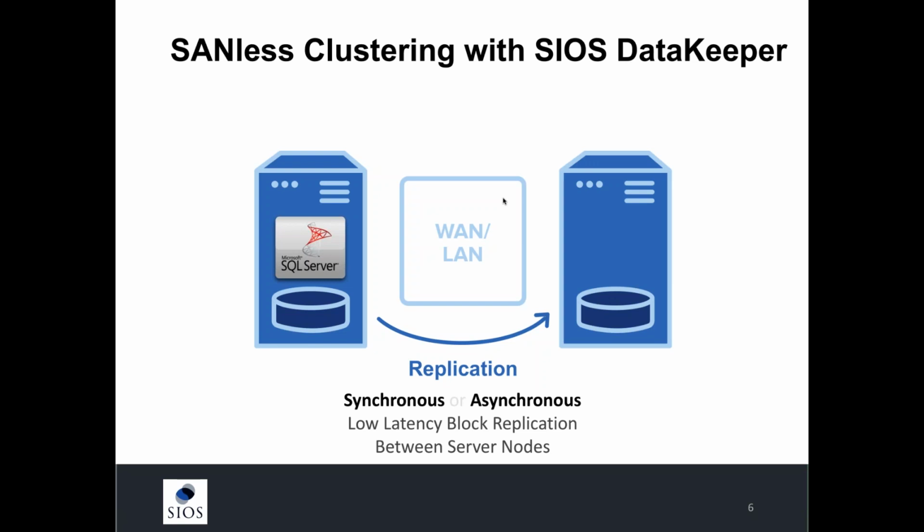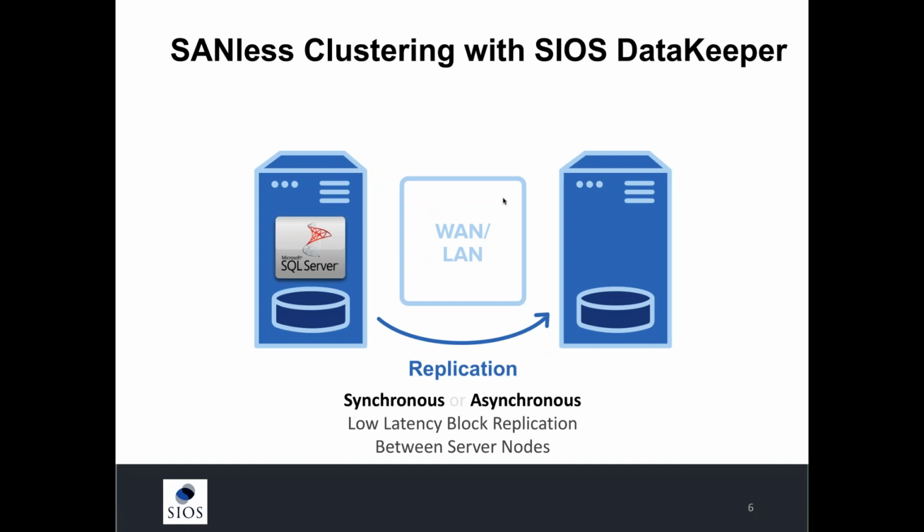You have different systems, they don't have any shared storage, but with availability groups it's database level replication, where with DataKeeper it's doing disk level replication, so it can protect the entire instance here. So it's the best of both worlds. You get the shared nothing architecture that availability groups brings, but you get the full instance level protection that a failover cluster instance provides.